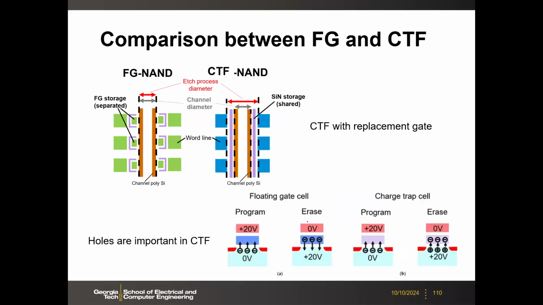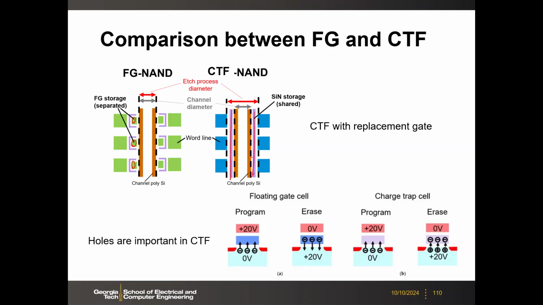So here are some key differences between the floating gate and the charge trap flash cell. In the floating gate, you see that the floating gate is separate, right? But in the charge trap, this silicon nitride layer is continuous, shared, okay?